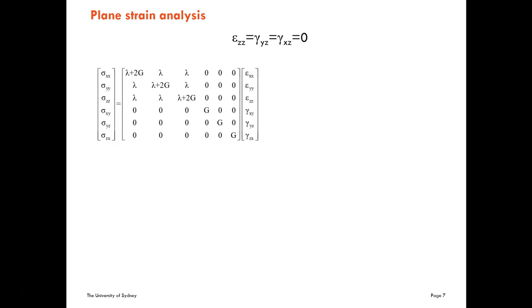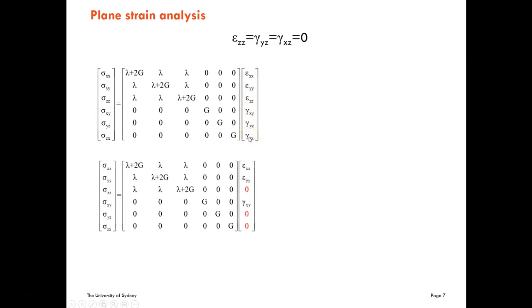Okay, so now we go to the matrix. So these are the components of the strains that are equal to 0 by plane strain analysis. And I'm going to use this matrix and plug these equalities into the vector of the strains. So this is going to be 0, this is going to be 0, and this is going to be 0. So it's going to look like this.